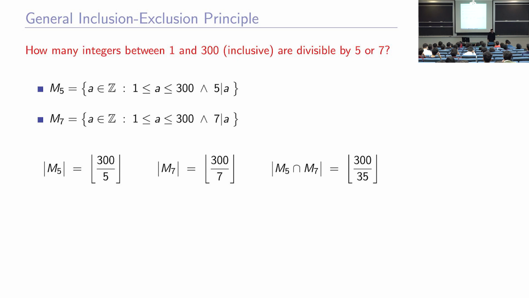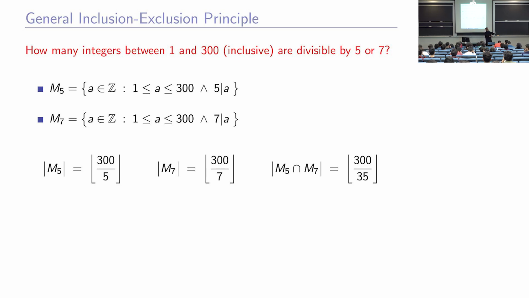And so what is M5 intersection M7? How do we describe them? Those are numbers that are divisible by both 5 and 7. So those are multiples of 35, right? It's the same thing. How many numbers are divisible by 35? The floor of 300 divided by 35, right? So now how many are divisible by 5 or 7?